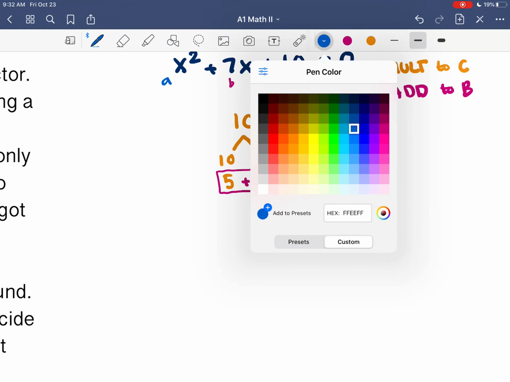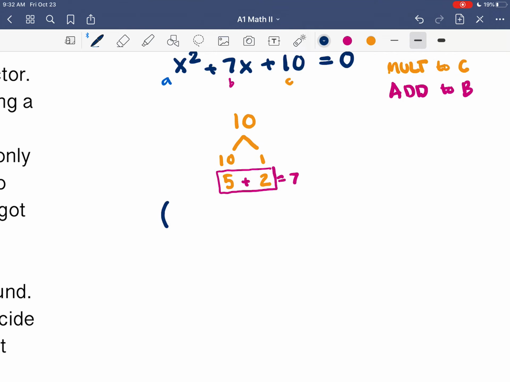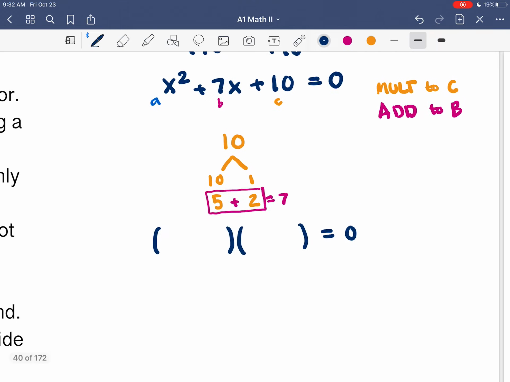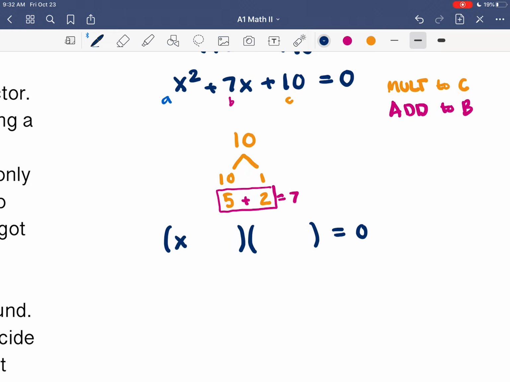Our next step in this process is to write this in factored form. We need 2 parentheses, it's still equal to 0. Remember, this is in factored form, and factored form has x's in each of those parentheses.